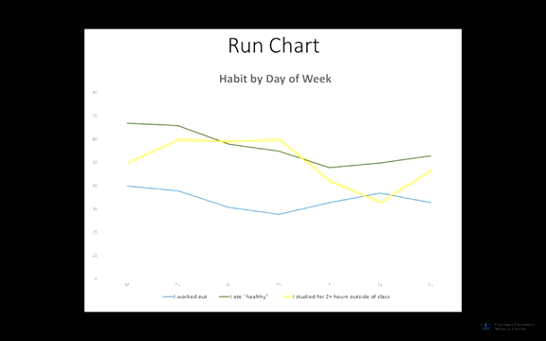You could see that studying kind of goes down on the weekends. That's expected. You've got a social life. You could see that eating healthy kind of goes down with the week, and working out is kind of variable, but kind of even, which is probably reflective of your age. That's what I would say.